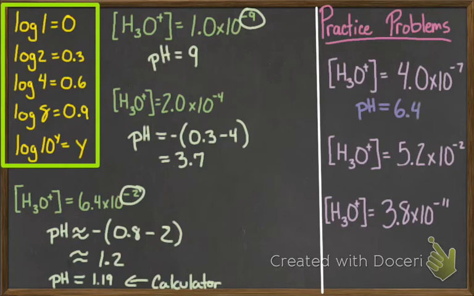This next one will require us to do a little bit of estimation because we have 5.2. So we know that the value that we're going to get is going to be between 6 and 9. If you want to estimate it, round it down to be 0.6, you can do that.